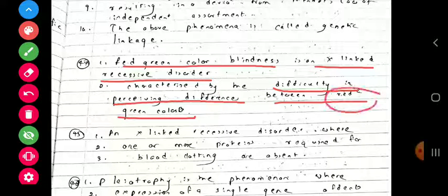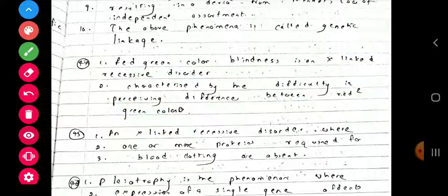So we have a problem with red and green color perception. We can't differentiate between those two colors. Remember that it's X-linked and it is a recessive disorder characterized by the difficulty in perceiving differences between the red and the green colors.